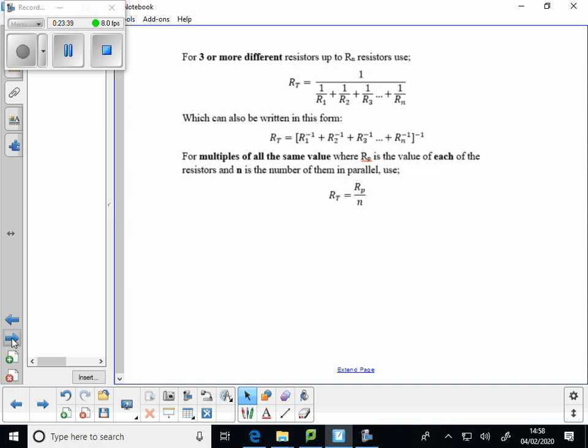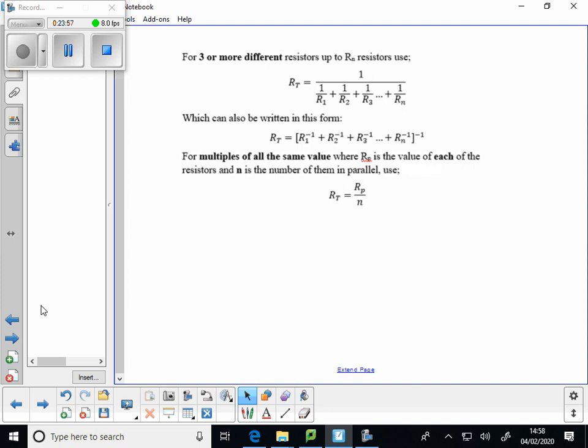If you've got three or more resistors, and they can be any value up to Rn resistors, the total resistance is 1 over the reciprocal of all the resistances added together.